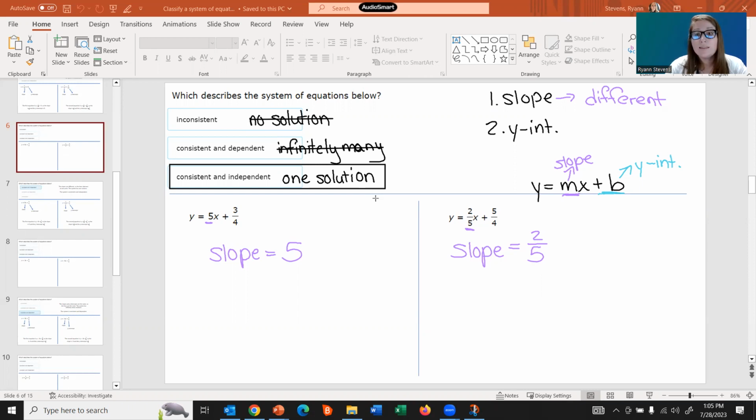Now, if they're dependent, they rely on each other and they are basically going to be the same line, and they're going to have infinitely many solutions. They depend on each other, and every point on each of those lines will work as a solution to the system of equations. So since the slopes are different, there is going to be one solution, which means that this is going to be consistent and independent.